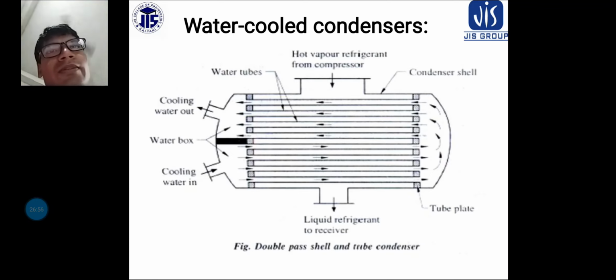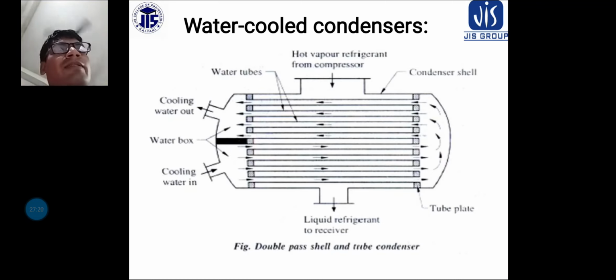Okay, next is your fan noise. In a water cooled condenser there is no fan noise, but in forced convection type air cooled condensers, unwanted objectionable noise can be created.